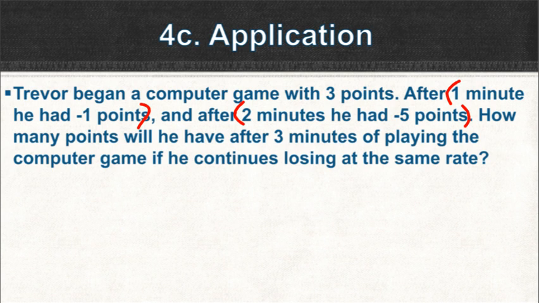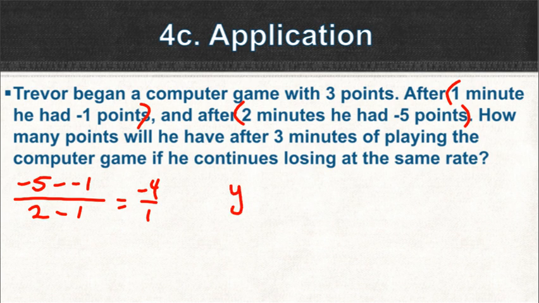The first thing we do need to know is what the slope is. We use our slope formula, so negative 5 minus our negative 1. That's our change in y. And our x would be 2 minutes minus our 1 minute. So that gives us negative 4 over 1. So that's our slope.